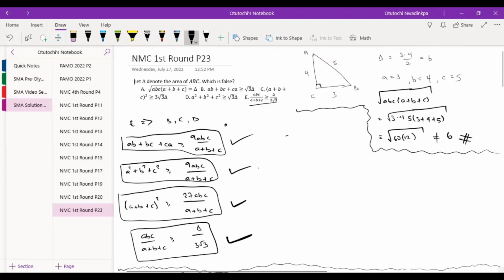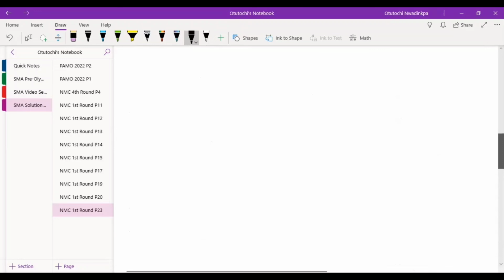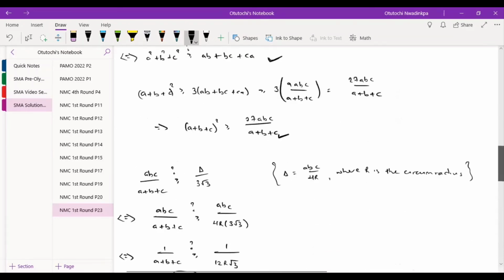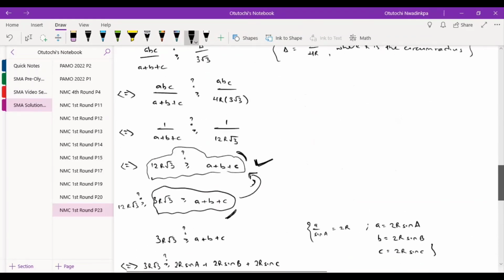But for this solution video, I made the video to show that B, C, D, and E are actually true, and introduce this lemma, which is A plus B plus C is less than or equal to 3R plus 3.